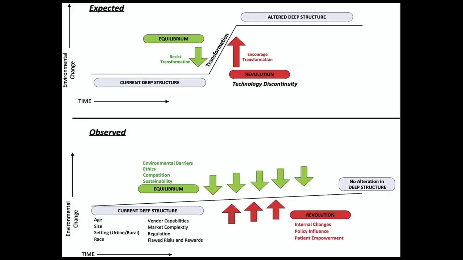But what they actually saw was that the line was much more flat. The reason, they said, was that there are so many barriers to change in our healthcare system: so many environmental barriers, issues with ethics, competition issues, and people resist data sharing.